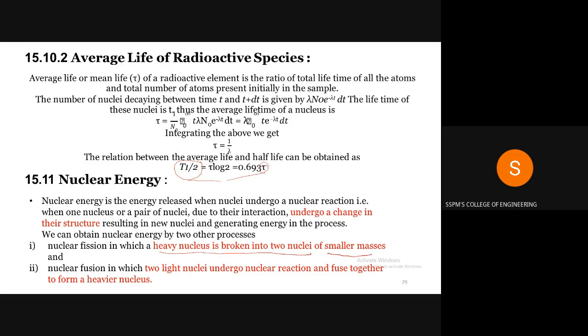And nuclear fusion is that in which two light nuclei undergo nuclear reactions and fuse together to form a heavier nucleus. Okay, disintegration into two nuclei is nuclear fission. Two nuclei after nuclear reaction forming a heavier nucleus is called nuclear fusion.